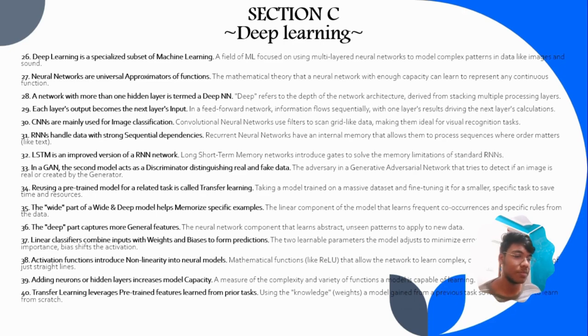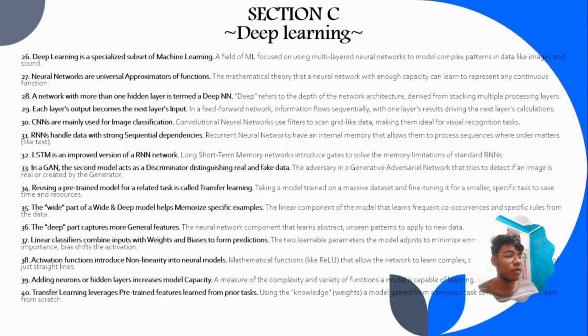Question number 27 addresses a big claim: can a computer really understand and learn any pattern? Like, can it predict stock prices, recognize faces, and drive a car? Ideally, yes.